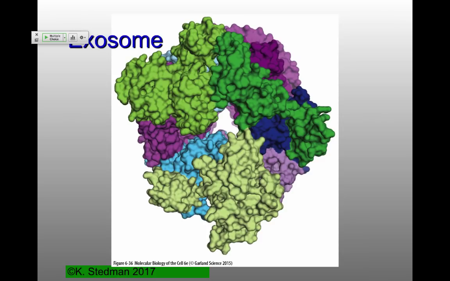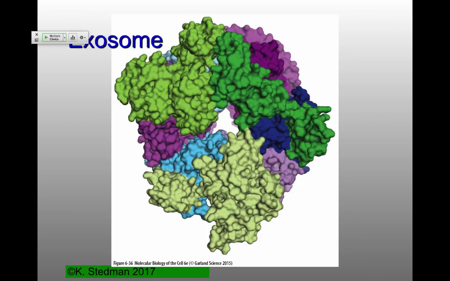Well, it's mostly a whole bunch of exonucleases. 5' to 3' exonucleases, 3' to 5' exonucleases. This is what I kind of jokingly talk about as the hungry exonucleases inside the cell. This particular complex will chew up any extra RNA which is left around inside the cell. That RNA can then be reused for transcription, et cetera, later on in the process.